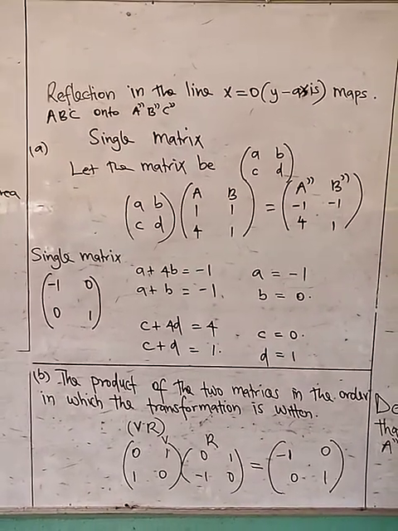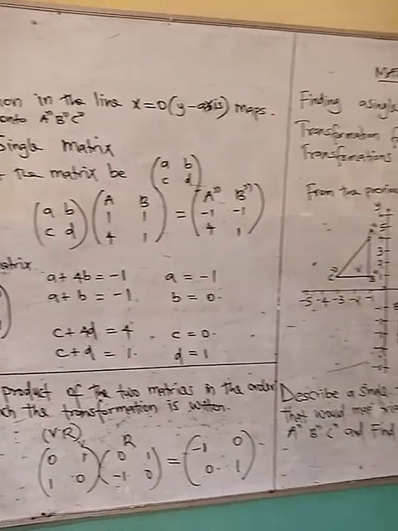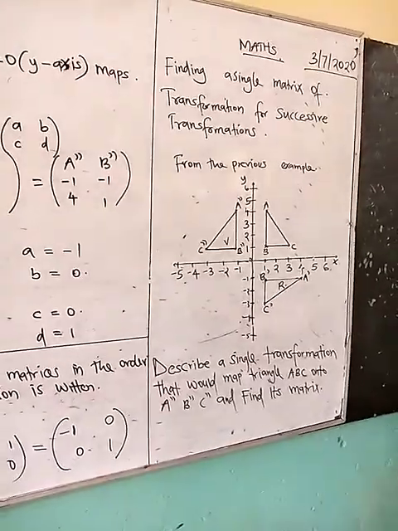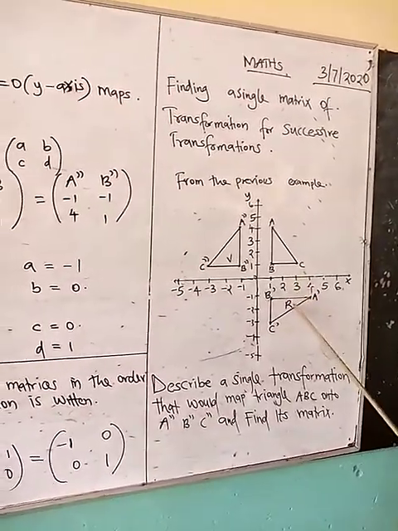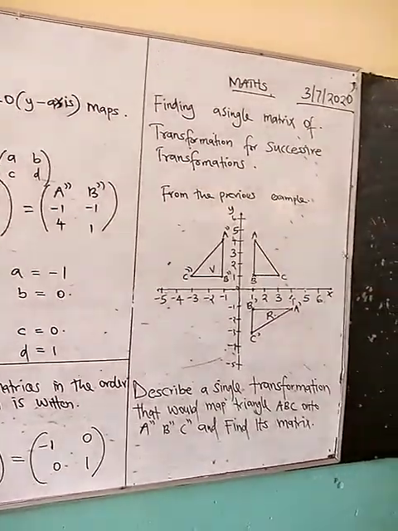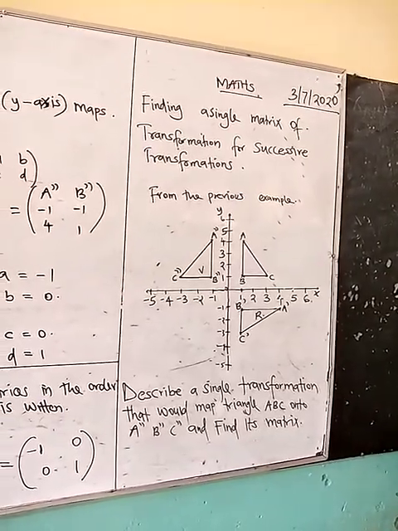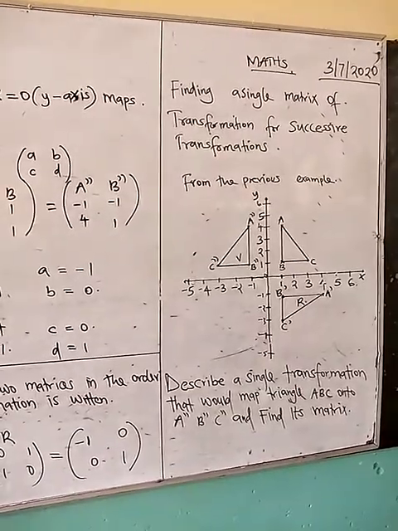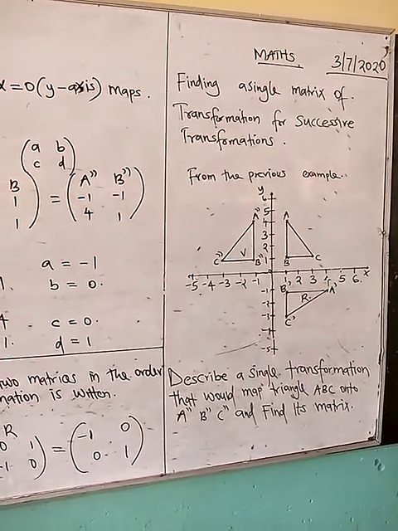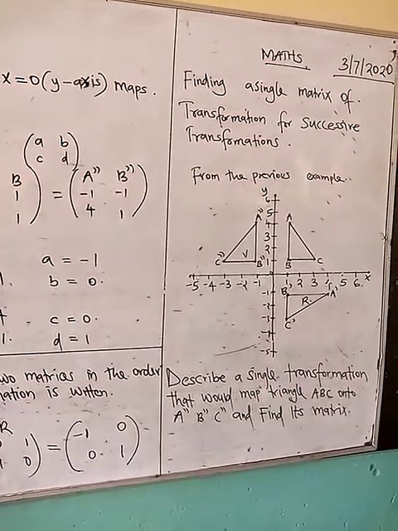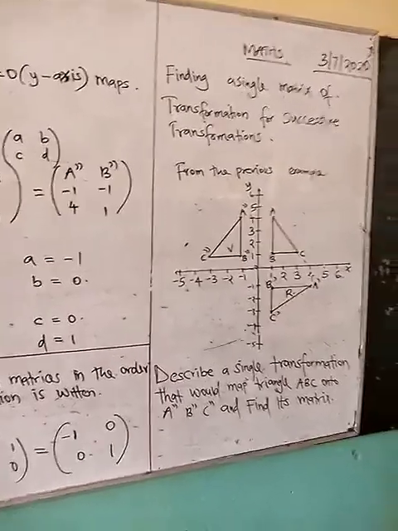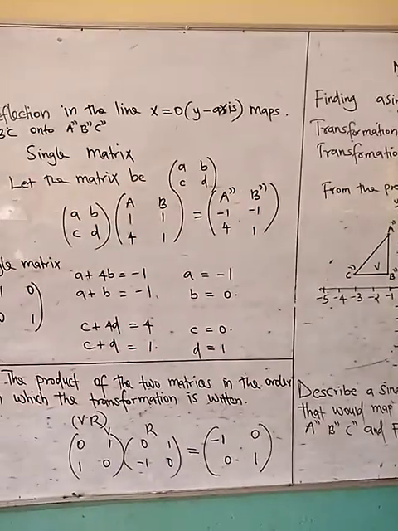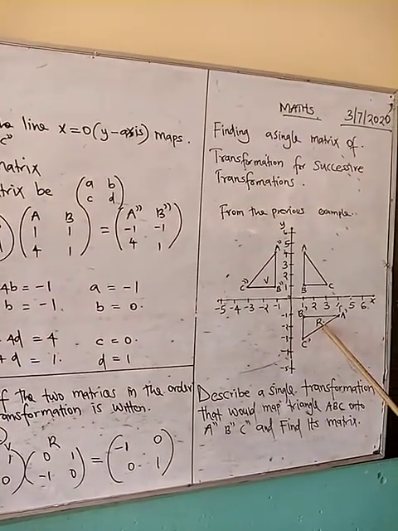For example, the first matrix of transformation is R, and our R was a negative quarter turn about the origin. The matrix that represents a negative quarter turn about the origin is (0, 1; -1, 0).